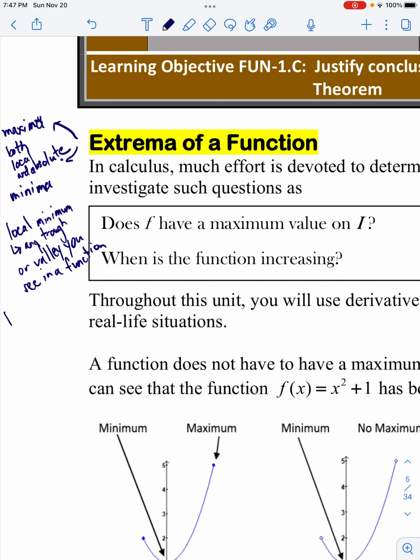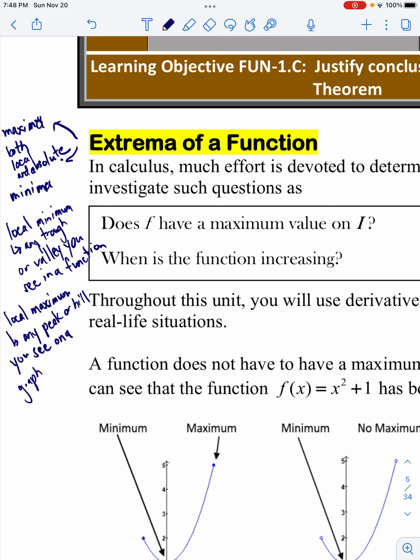Same thing for a local maximum. A local maximum is any peak or hill you see on a graph, okay?